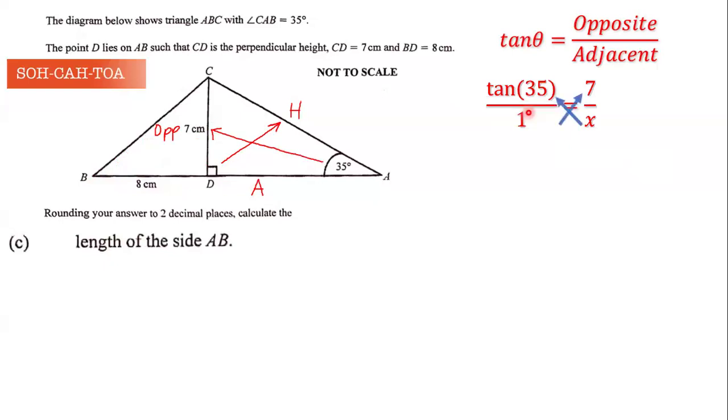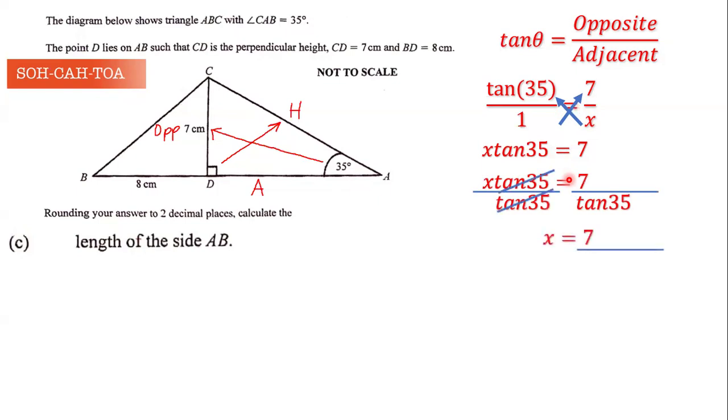So when we cross multiply, we have x multiplied by tan 35 is going to be equal to 1 times 7, which is 7. And so we have x times tan 35 equals 7. We divide both sides by tan 35, and this is going to cancel with this. So we get that x is equal to 7 over tan of 35.